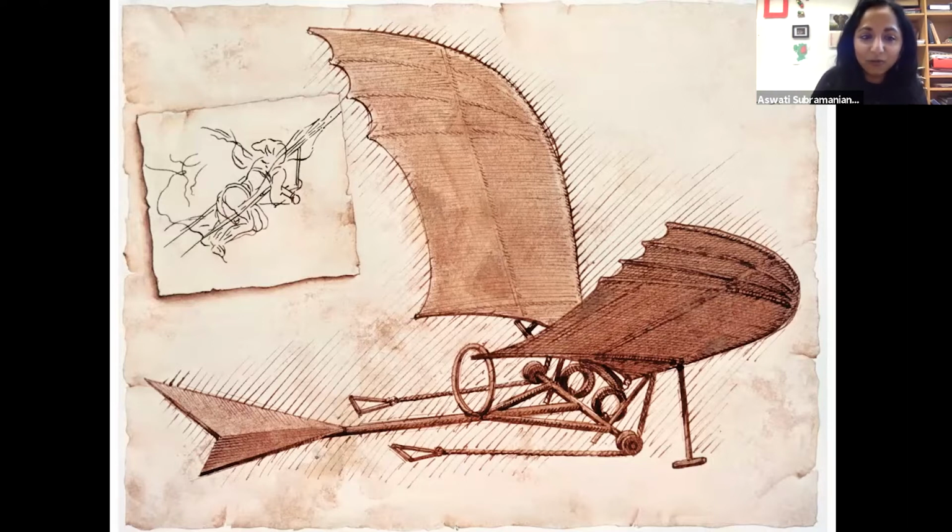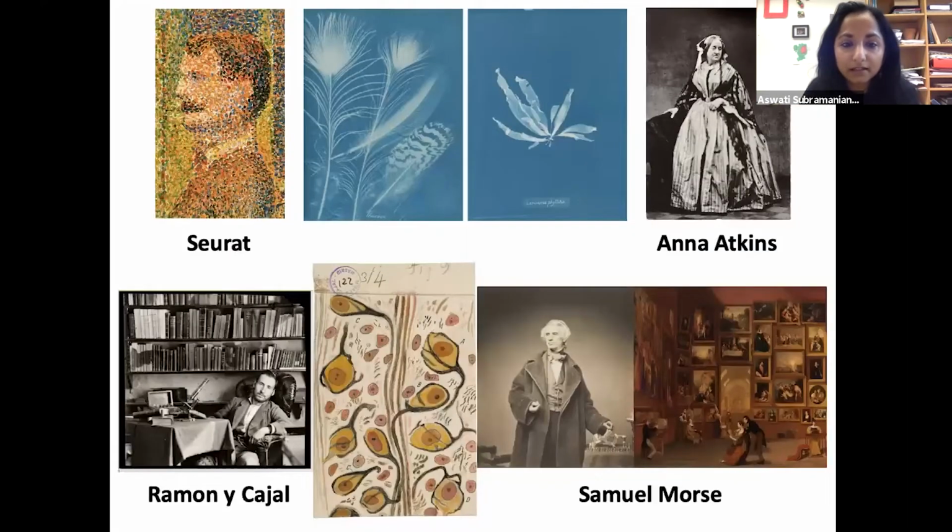And so over time, there were a lot of scientists who were interested in art and a lot of artists who were interested in science. And I'd like to showcase a few of these interdisciplinary thinkers through history. My favorite is personally Anna Atkins, who was a British biologist, a botanist to be specific.